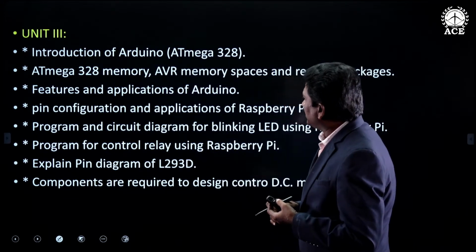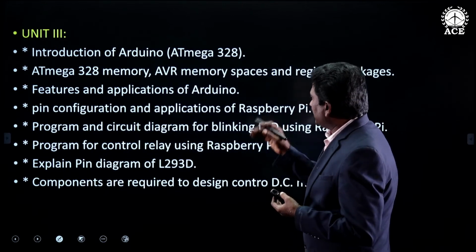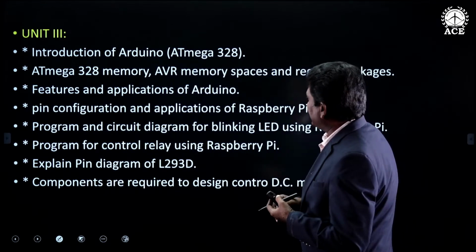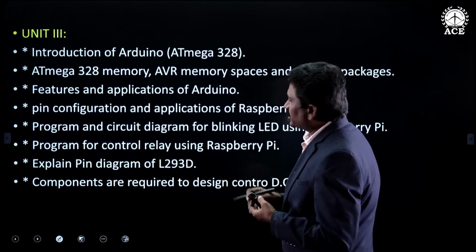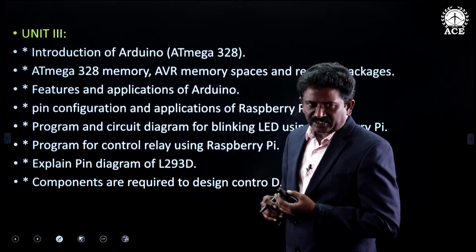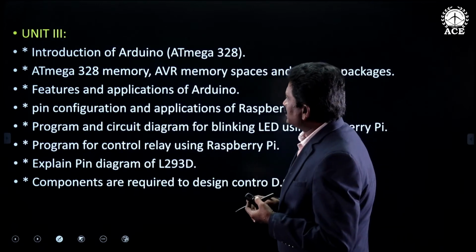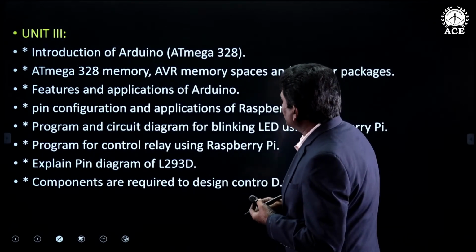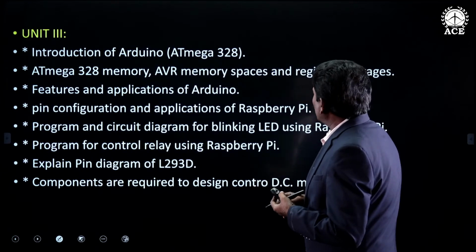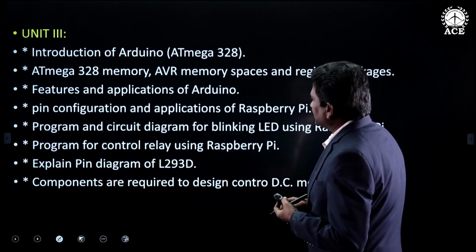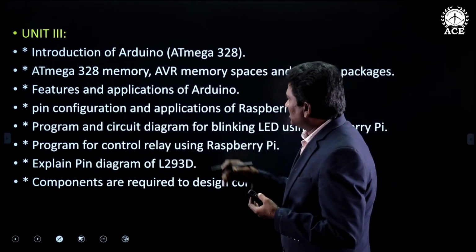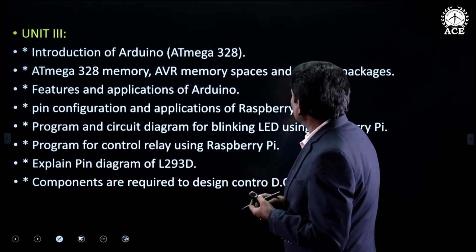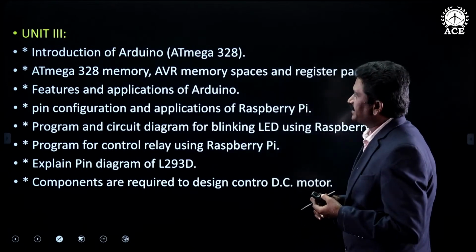Here we are using the Atmega 328 Arduino processor. Actually, all belong to ARM processors. Next, Atmega 328 memory, AVR memory spaces and register packages. There is a chance to ask questions on Atmega 328 memory, AVR memory spaces and register packages.